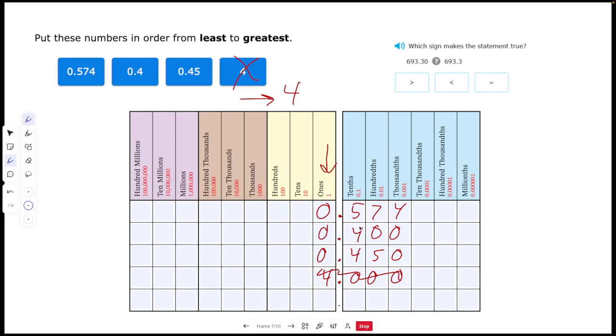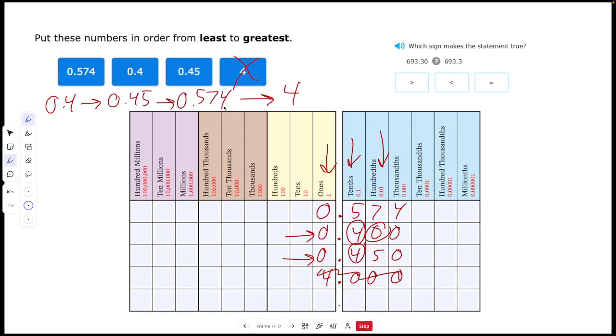Well, the smallest numbers are tied. So 4 and 4. So let's go to the next column. So now we go to the hundredths position. And the smallest number between the two ties is 0. Okay, so 0.4 is the smallest number. And then obviously 0.45. Process of elimination, 0.574 goes here.